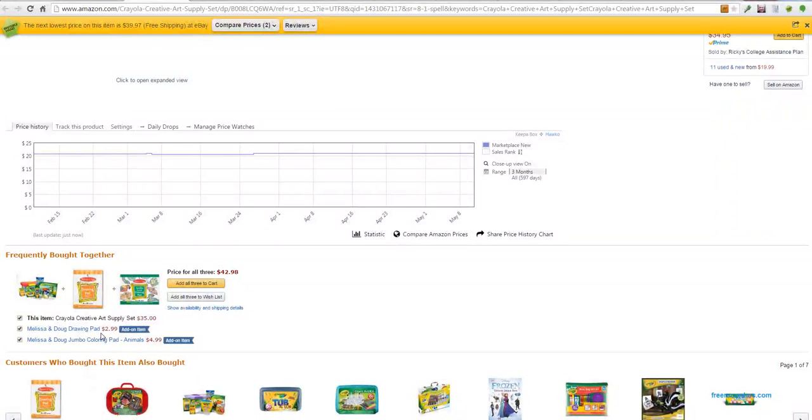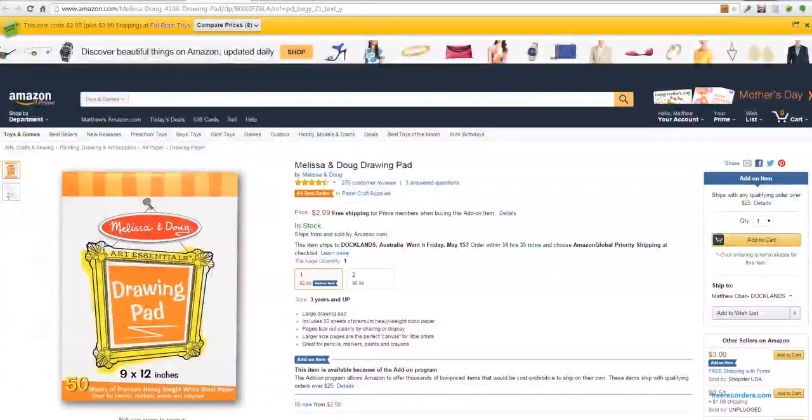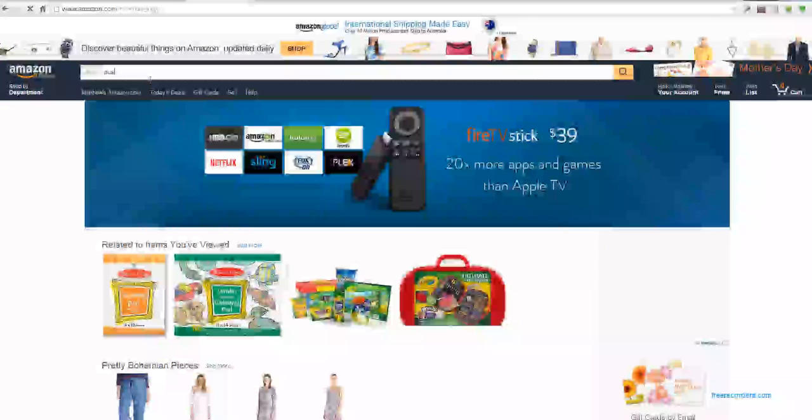The harder the item is to find, the better the bundle, because a lot of people just purchase the 3 items from Walmart, which makes it easy to copy. For example, my Aussie shampoo, I'll just bring that up again.